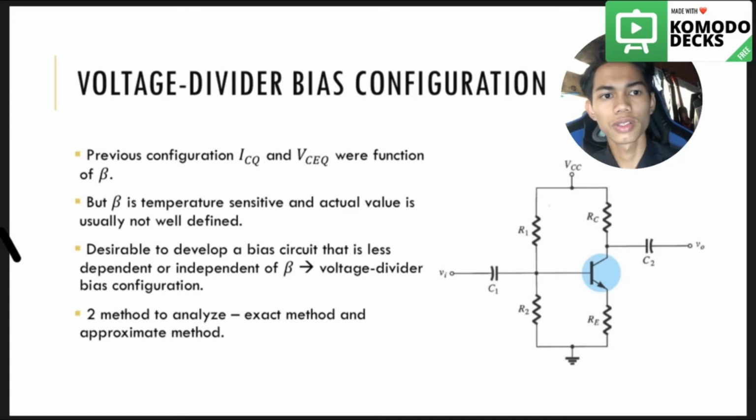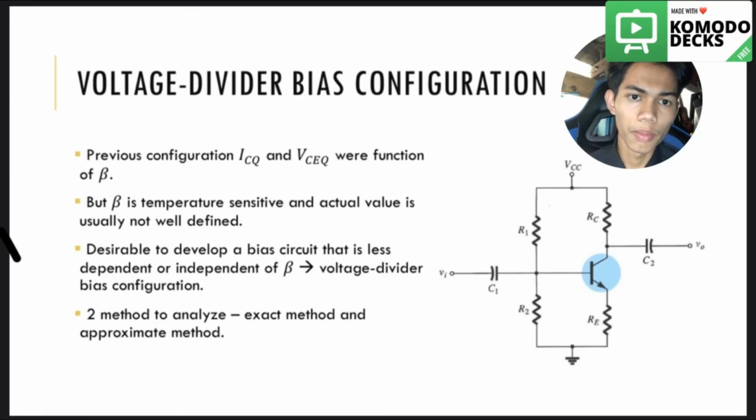Voltage divider bias configuration. In previous configurations, ICQ and VCEQ were functions of beta, but beta is temperature sensitive and the actual value is usually not well defined. It is desirable to develop a bias circuit that is less dependent or independent of beta.